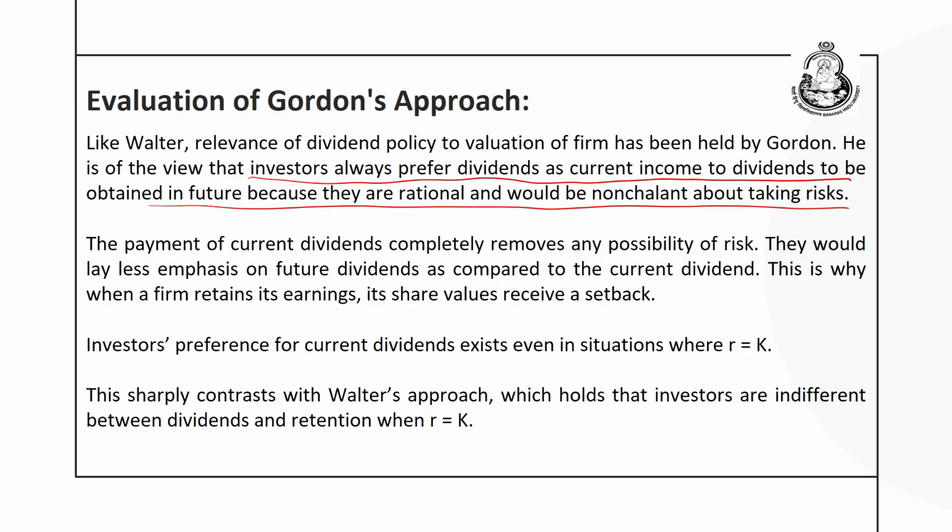That is a time value of money principle, and as a result, in sharp contrast with Walter's approach, there are certain cases when R is equal to K, leaving no point of deciding the dividend policy by paying much time and energy while designing it.